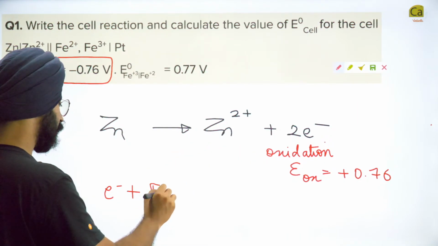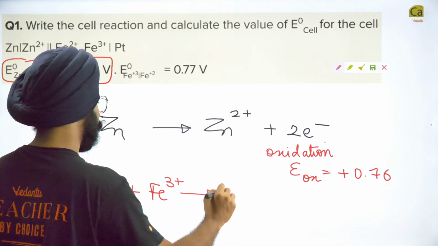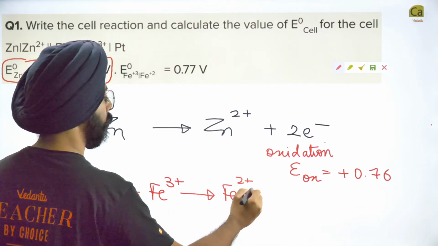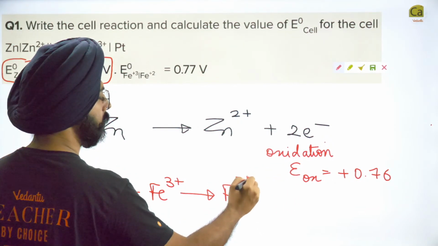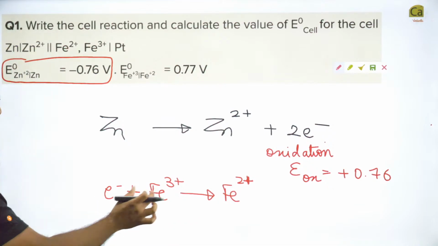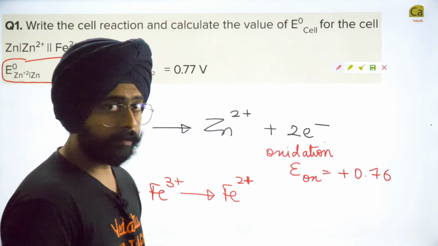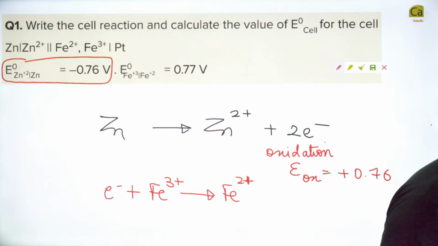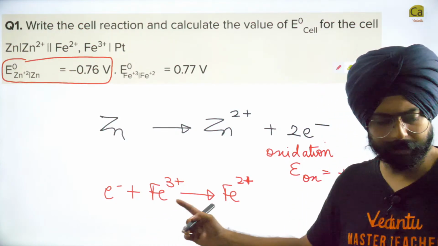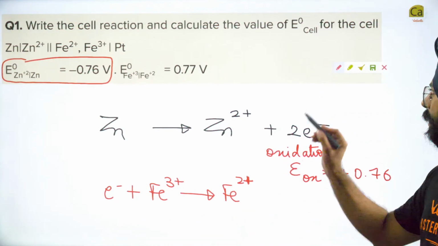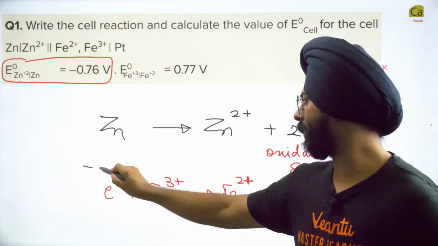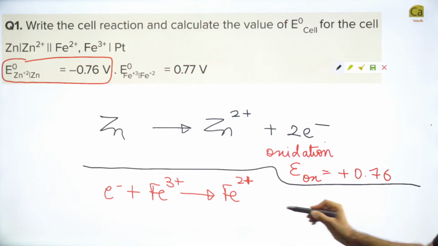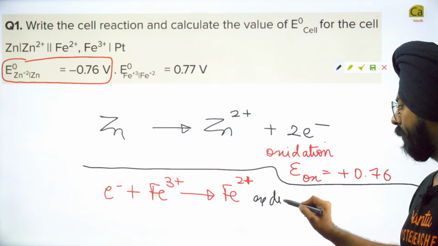Can I write this? Does this make sense? Fe3+ plus 1 electron gives you Fe2+. बात बनती है? I can write this, isn't it? And this is a very beautiful reduction reaction. इसको separate कर देता हूँ इधर. This is a very nice reduction reaction.